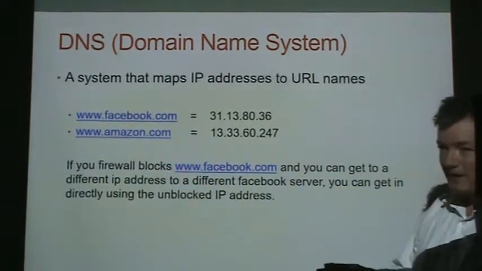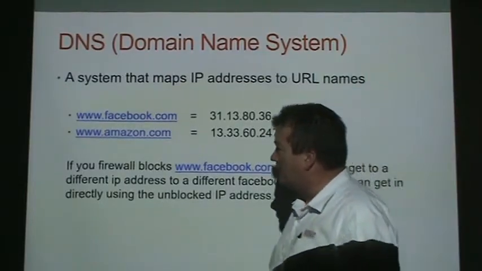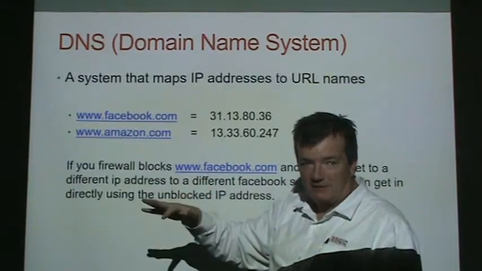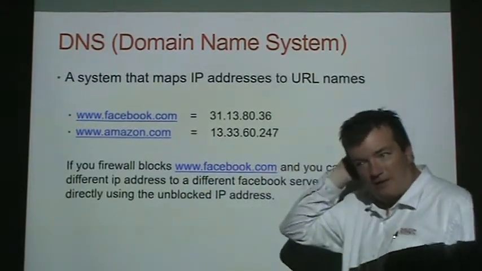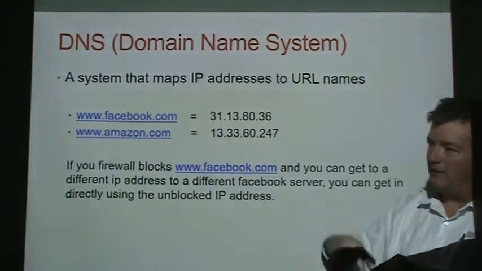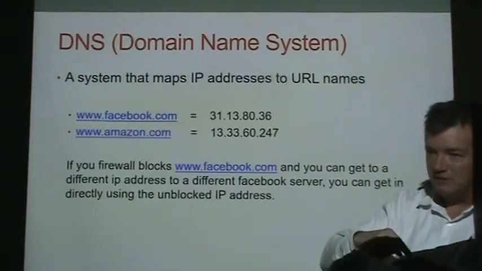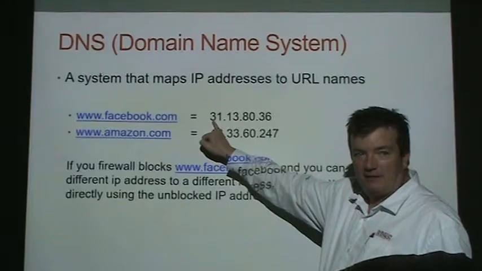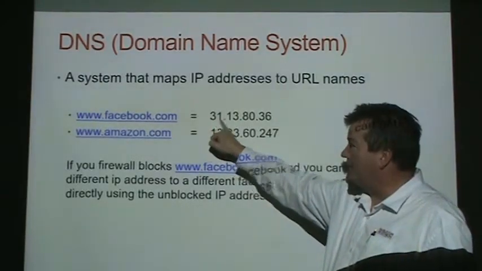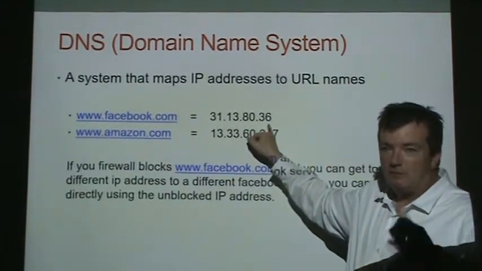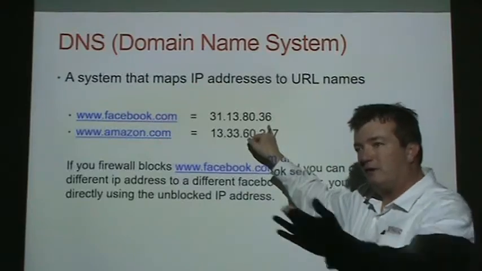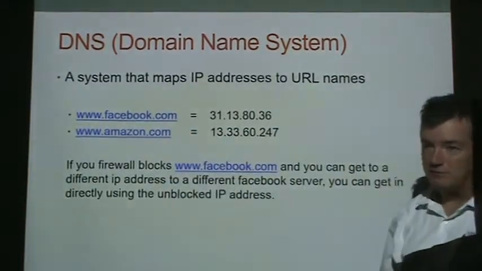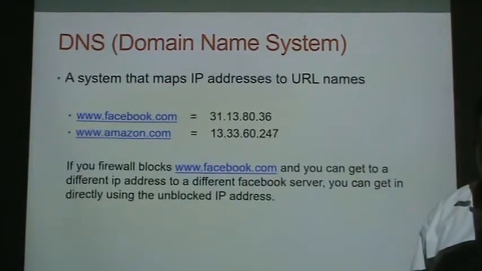So if in your firewall, you were to say, I would like to block www.facebook.com, what will happen is your computer will run out and ask the internet what is the IP address of that, and one of the many IP addresses will come back, and now you'll be blocking this IP address. If somebody then sent a message directly to a different server, also serving Facebook, that would not get blocked.